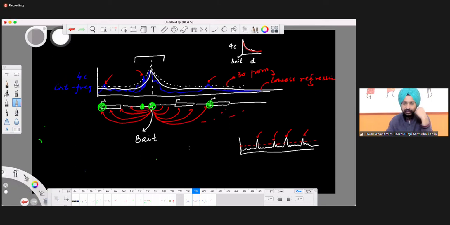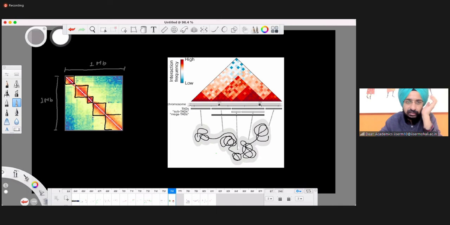That's because of the very nature of chromatin folding. So this is one chromatin globule kind of thing. So this would be one chromatin globule, and then this is another one, this is another one, and this is another one, and then this is another one, a bigger one, right? So that's what it is.